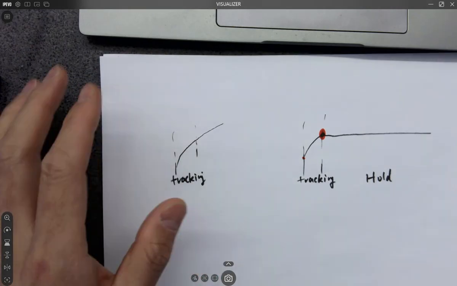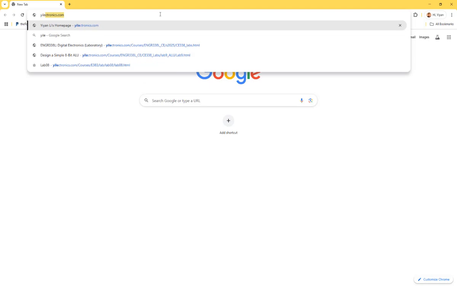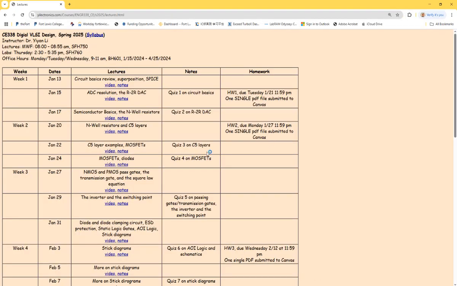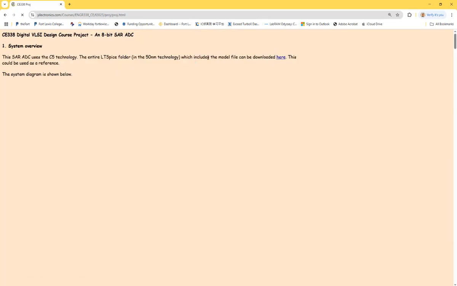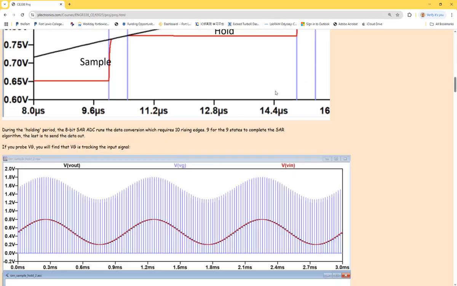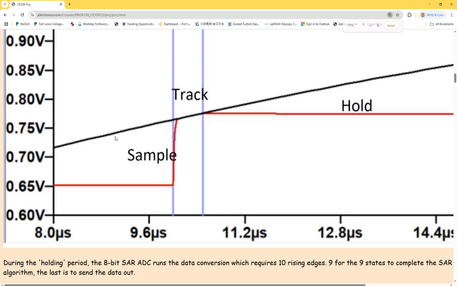Okay, now let's take a look at the example here. The circuit we're going to build will do a sample and track and hold. The black line is the sine wave, I just zoomed in a few times.